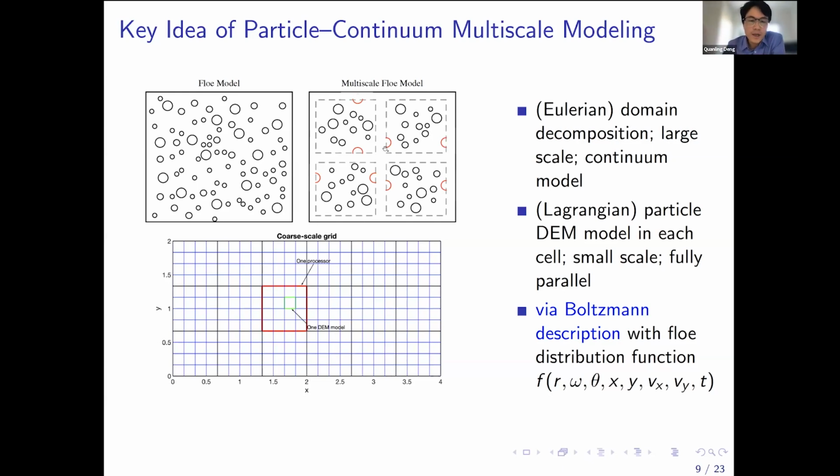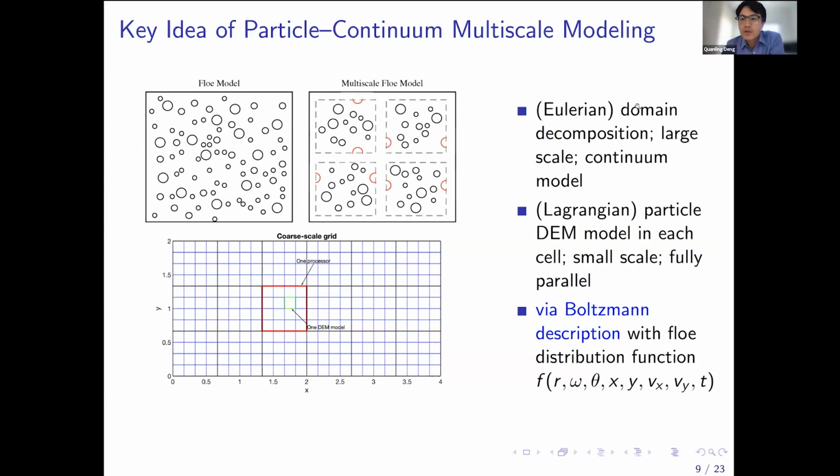So at the end of the day, we have a coupling system where in the local element, each of the cells, we have one particle model, one DEM model. Globally, we have this Eulerian type of information, meaning that in each cell we have some average information, say average angular momentum, average linear momentum information, and then we try to couple them.